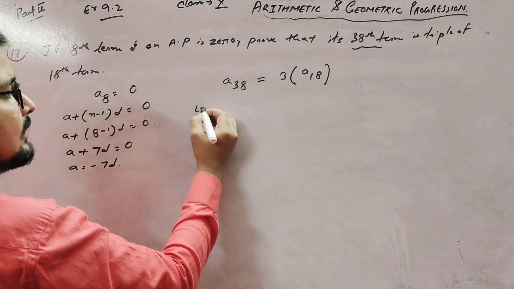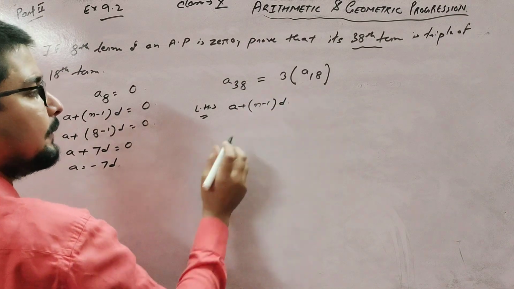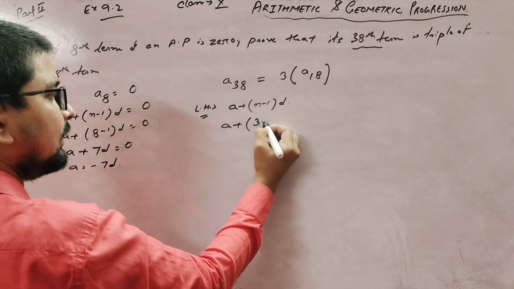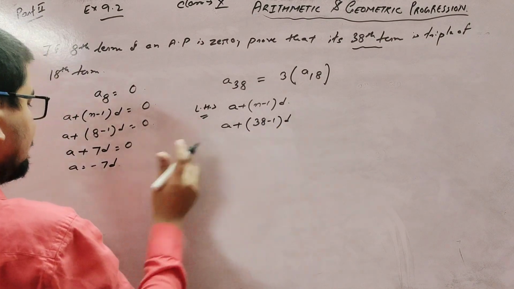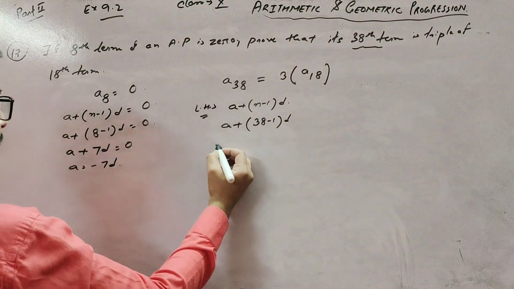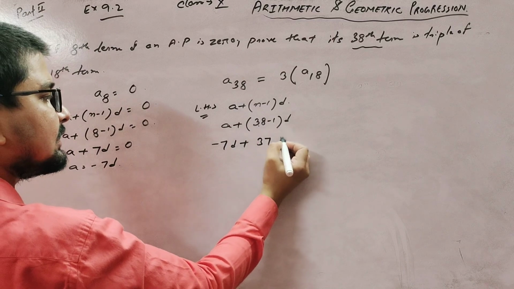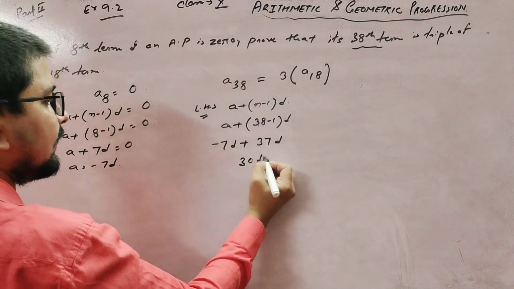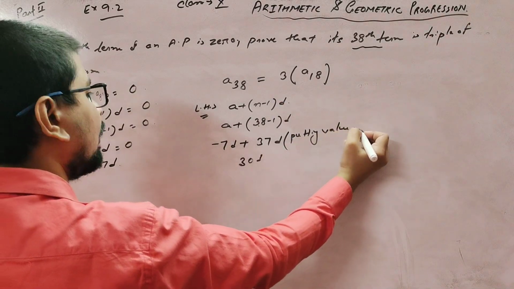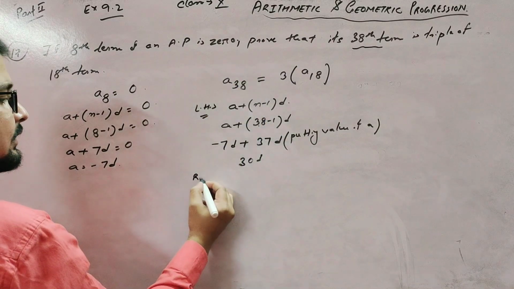So LHS, that is the 38th term, A plus n minus 1 d, in place of n we write 38 minus 1 d, and in place of A we write minus 7d. So minus 7d plus 37d, so you get here 30d, putting the value of A.